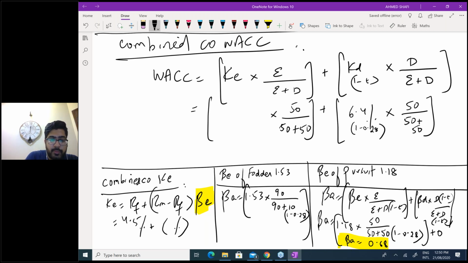No debt beta is given, so 0, and the beta asset becomes 1.41.